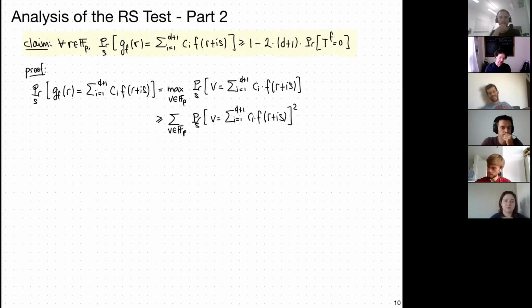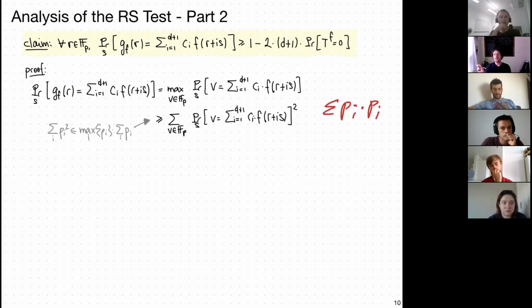So we can apply the trick that we had from yesterday. It tells us that you can always bound the L2 norm by the L infinity norm times the L1 norm. Or in other words, if we want to take a maximum, we can always replace it by going over the L2 norm. And what happens when we're looking at an L2 norm? We discussed this yesterday, that we have an expression of the form sum of p_i times p_i, which is exactly the probability of having a collision, right?